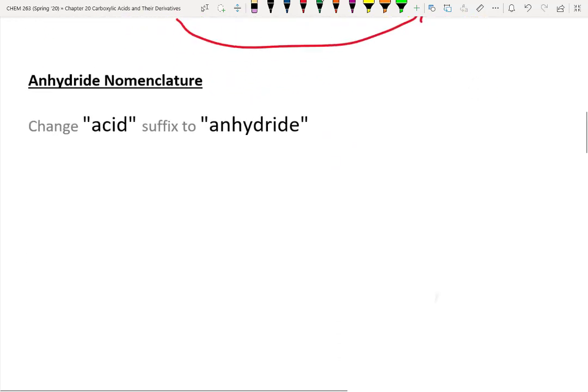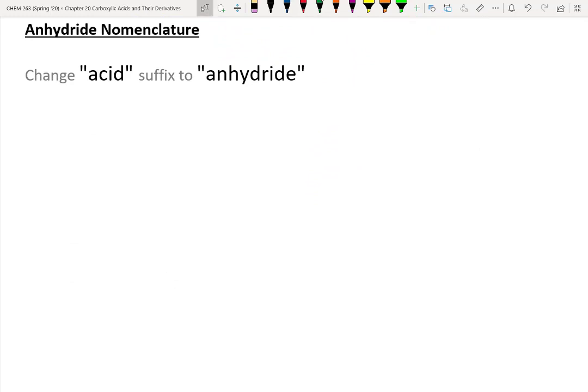The next ones are anhydrides. And these ones I think are even easier. So with anhydrides, all you're going to do is chop off the acid part of the carboxylic acid and just change it to an anhydride. So really straightforward. So for example, let's say I've got acetic acid, and to make an anhydride, we're going to just mush two of these together.